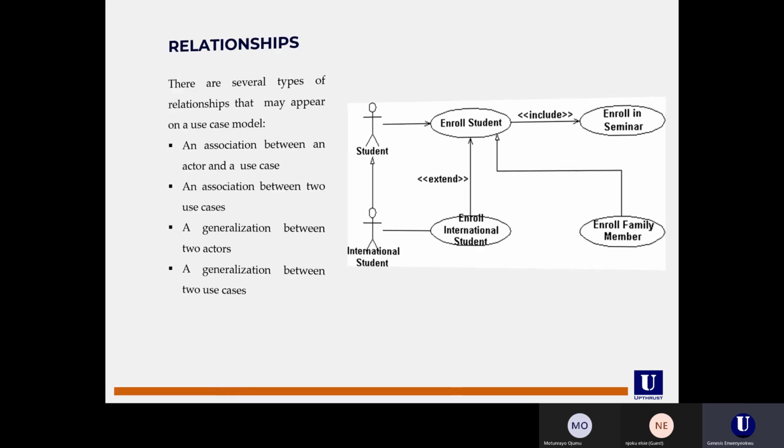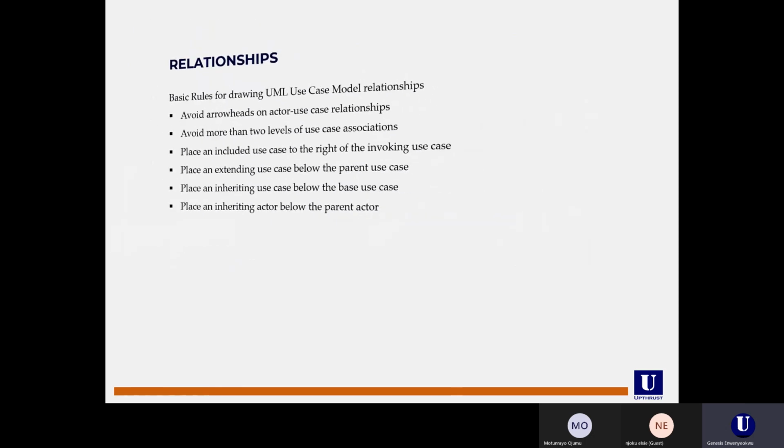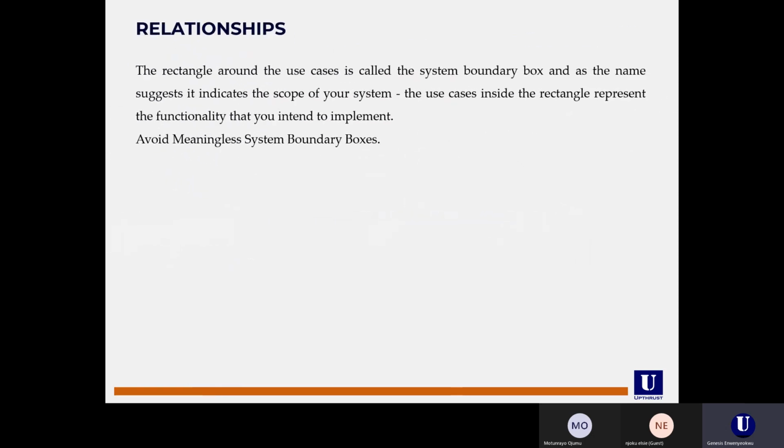relationships. Let's go over to the last one, which is the system boundary. So the rectangle around the use case is what we call the system boundary. Sorry, I did not draw the rectangle, but I believe the rectangle is clear to us. And as the name suggests, it indicates the scope of your system.